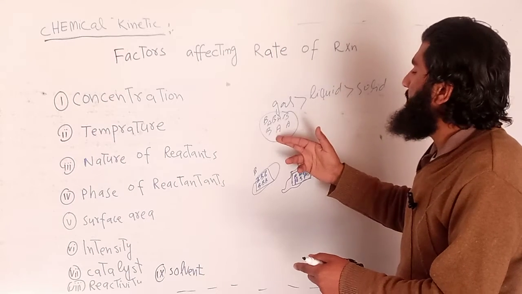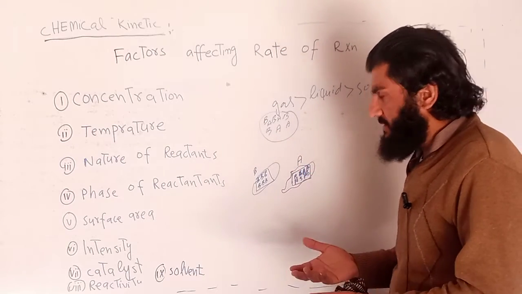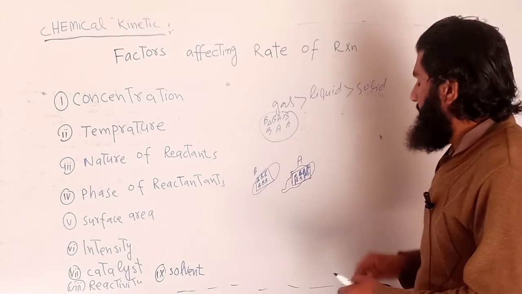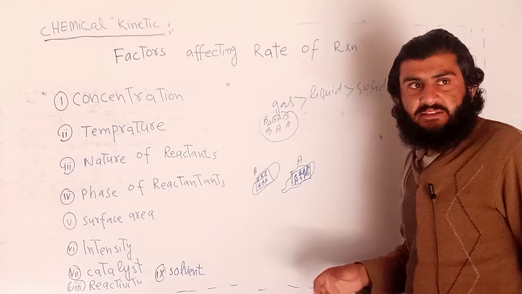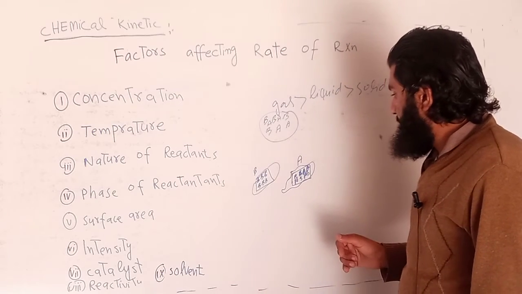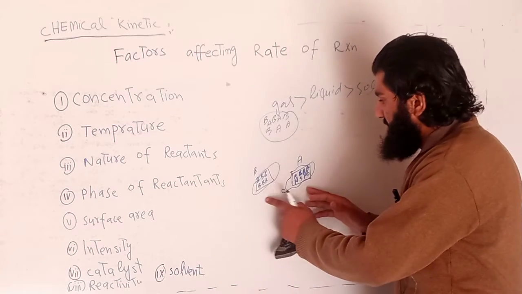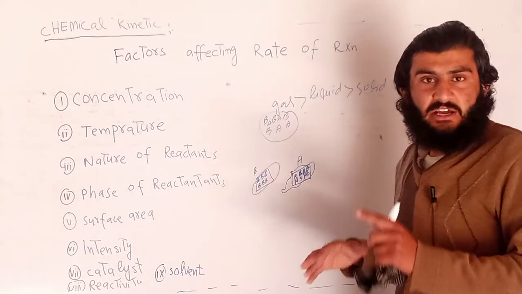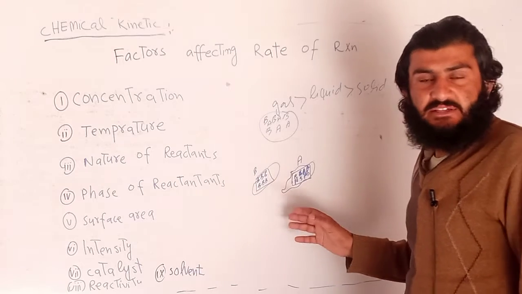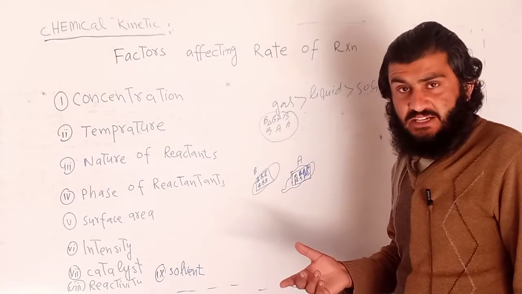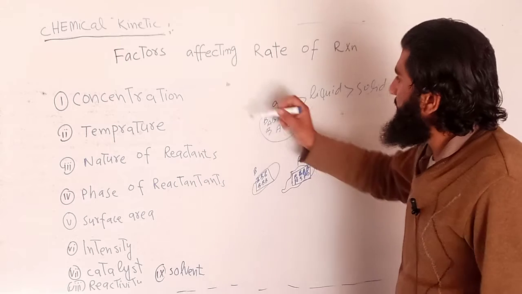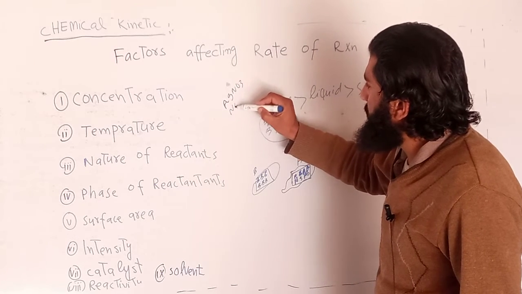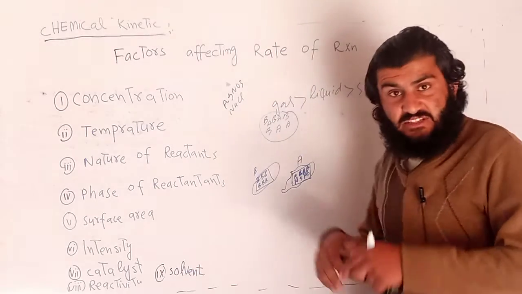It means the rate of reaction depends upon the number of collisions. So gas molecules react faster than liquid, and in the solid phase, reactions are not quickly possible. If both reactants are in solid phase, they cannot react with each other. That's why silver nitrate and sodium chloride, both solids, cannot react with each other.